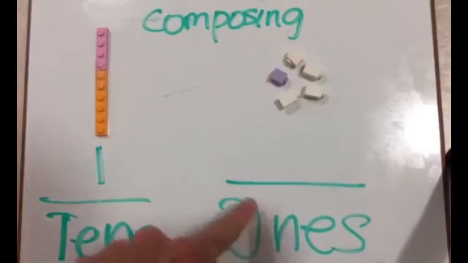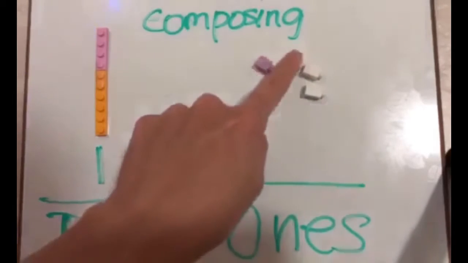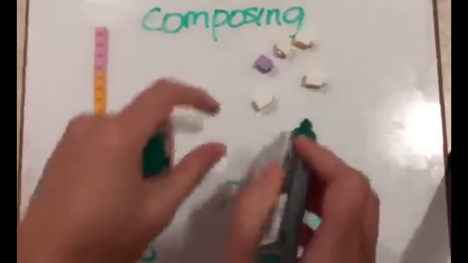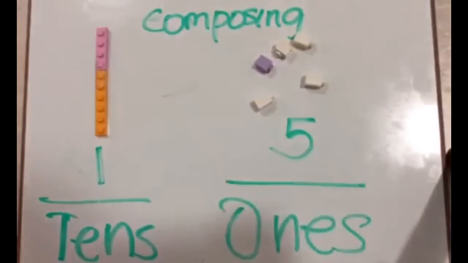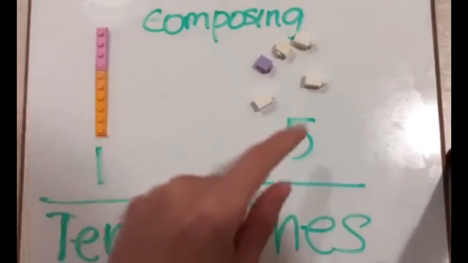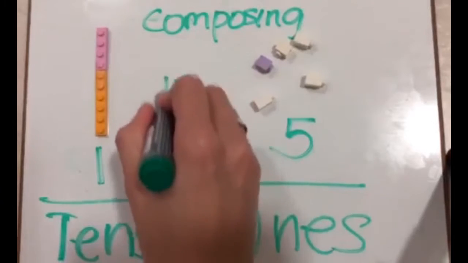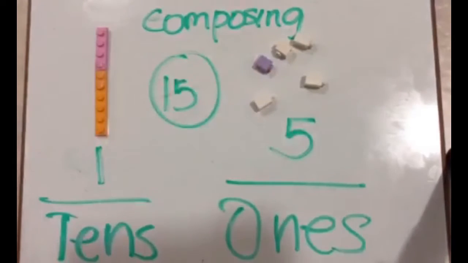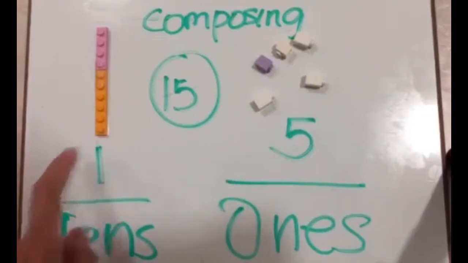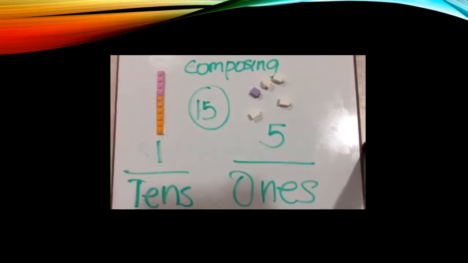And for ones, we can start counting 1, 2, 3, 4, 5. So we have 5 ones. And I can see that 1 ten and 5 ones is 15. So 15 is made of one group of tens and 5 ones.